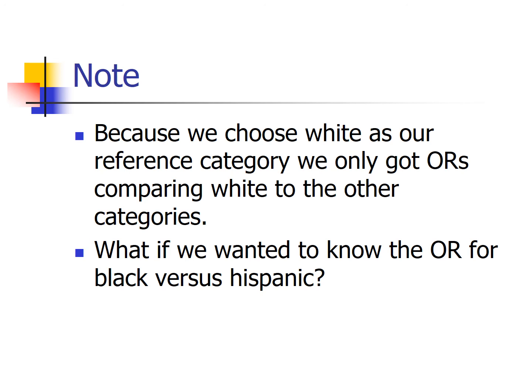Now, as we already observed, because we chose white as our reference category, SAS only gave us the odds ratios comparing races to the reference category, white. But what if we wanted to know the odds ratios of black versus Hispanic?